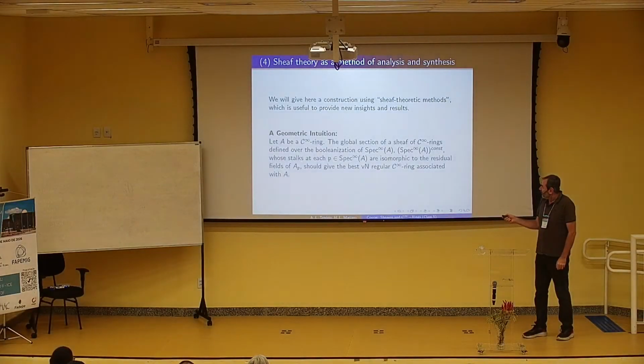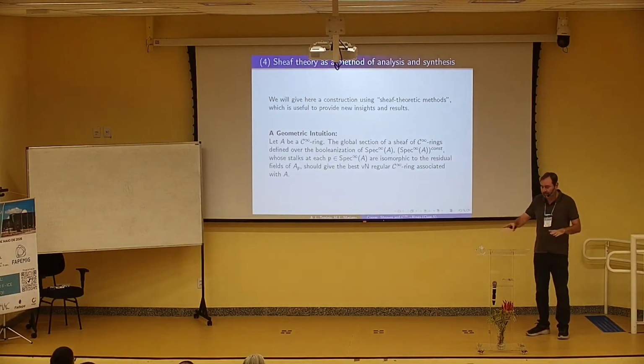Então, a intuição geométrica era baseada no seguinte: se alguém é von Neumann regular, a gente sabe que seu espaço espectral tem que ser booleano e as fibras do esquema afim associado são corpos, né?